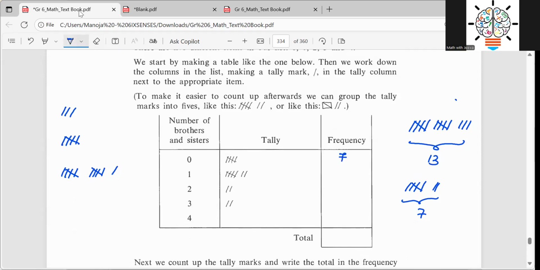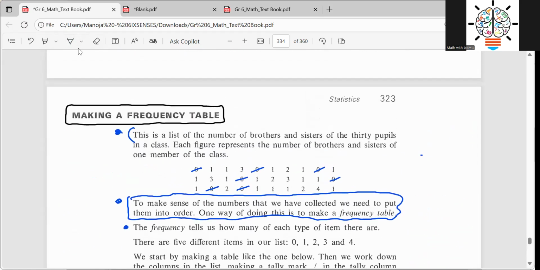How are we going to draw that? 1, 2, 3, 4, 5. They have drawn 6, 7. Now we'll see the number 1. How many students said that they have one brother or a sister? 1, 2, 3, 4, 5, 6, 7, 8, 9, 10, 11, 12, 13, 14, 15.